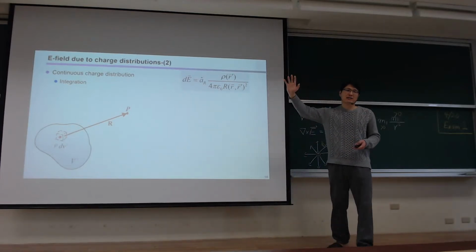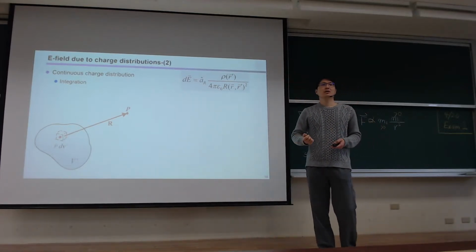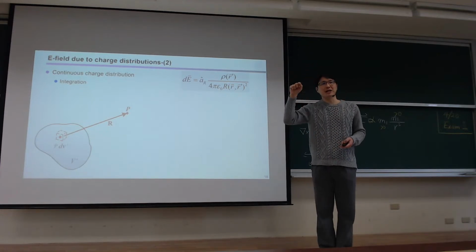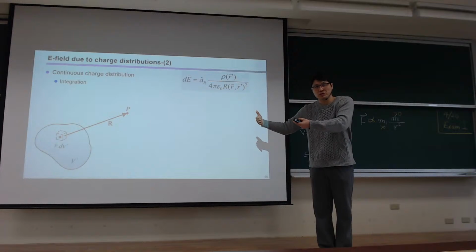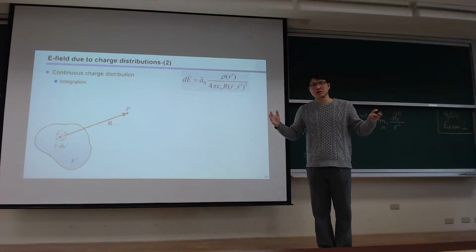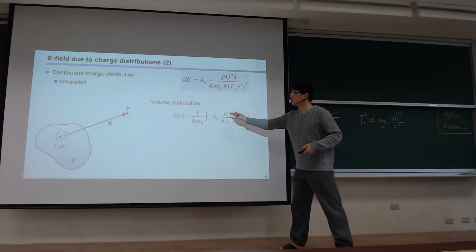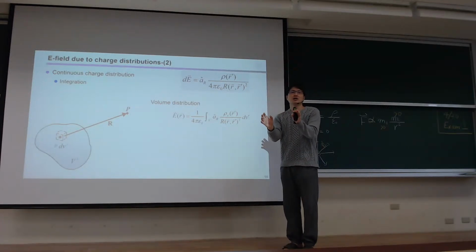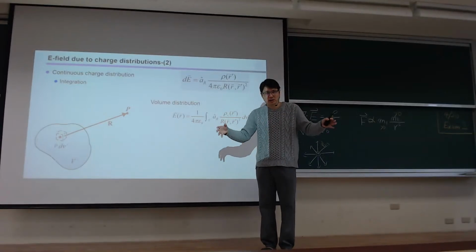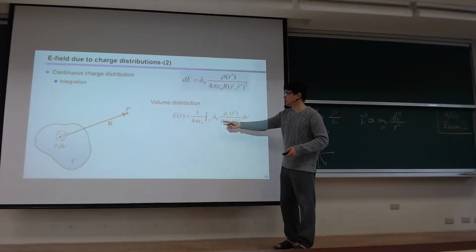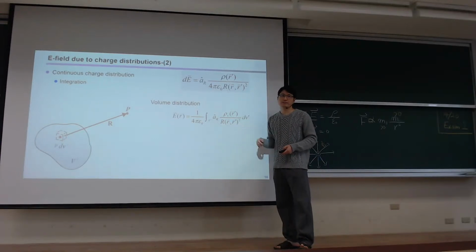Once you have a continuous distribution, instead of summation, which is for discrete charge distribution, you use integration. If your charges are distributed in a three-dimensional volume, you have a volume integration.